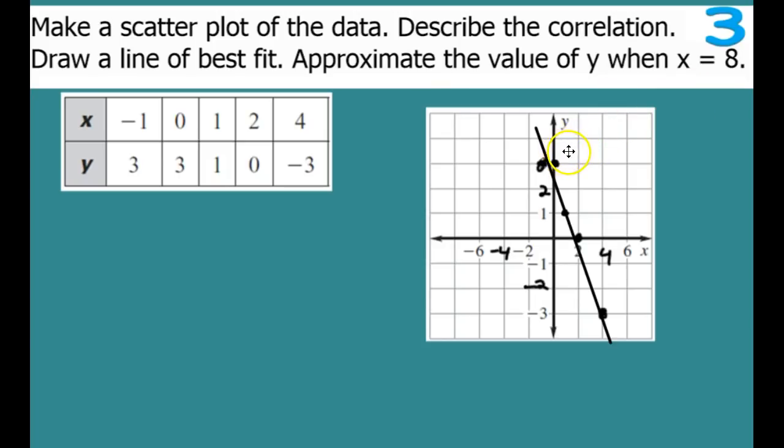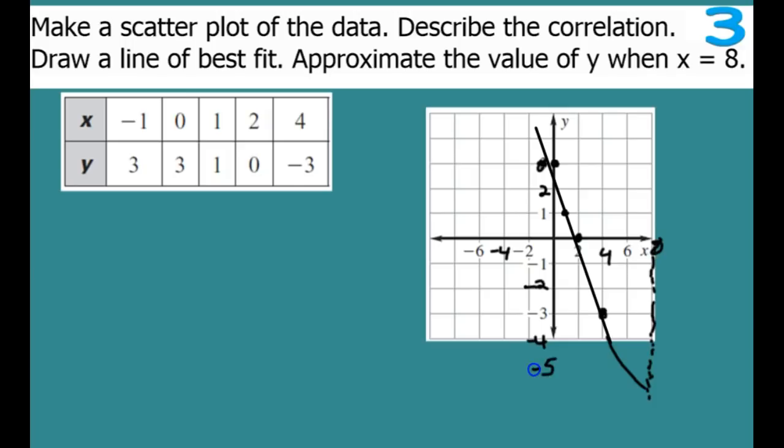So when x equals 8, we're going to go over to 2, 4, 6, 8 would be here. And we're going to go down until we would find our best fit line. Now it's going to run off of our graph. So if we just extend our line, we know that this is -3, then this must be -4.